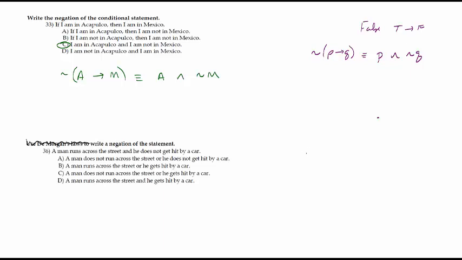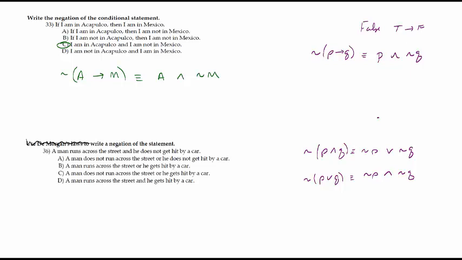The negation of P and Q is going to be not P or not Q. And the negation of the disjunction P or Q is going to be not P and not Q.